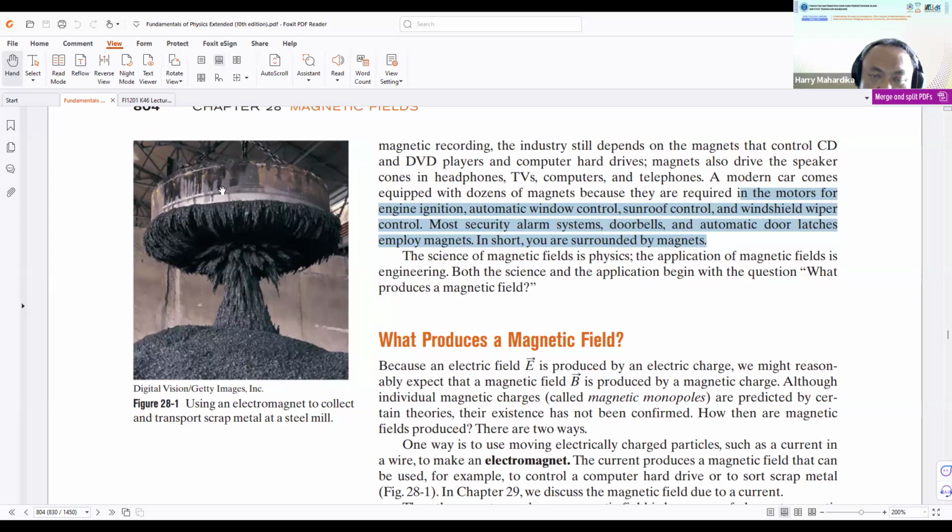The current itself will produce magnetic fields that will attract magnetic material here.